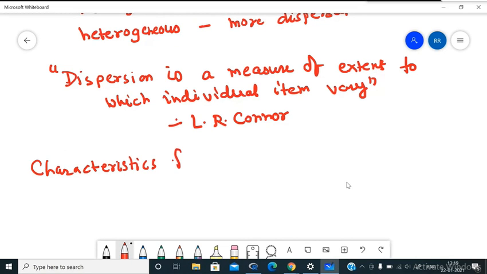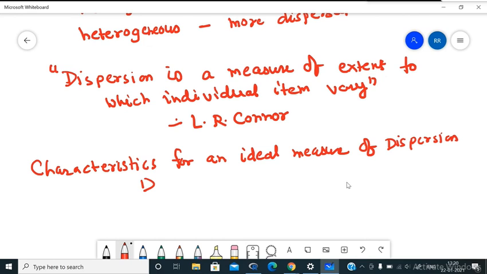For an ideal measure of dispersion, there are various characteristics. First is rigidly defined.